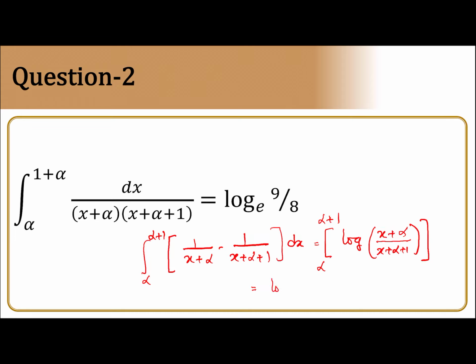So what we get is log of alpha and 2 alpha plus 1, you will get whole square divided by 2 times alpha plus 1 into 2 alpha, modulus, is equal to 9 by 8. Just putting the upper value minus the lower value, finally you get this result. This is log base e of 9 by 8.